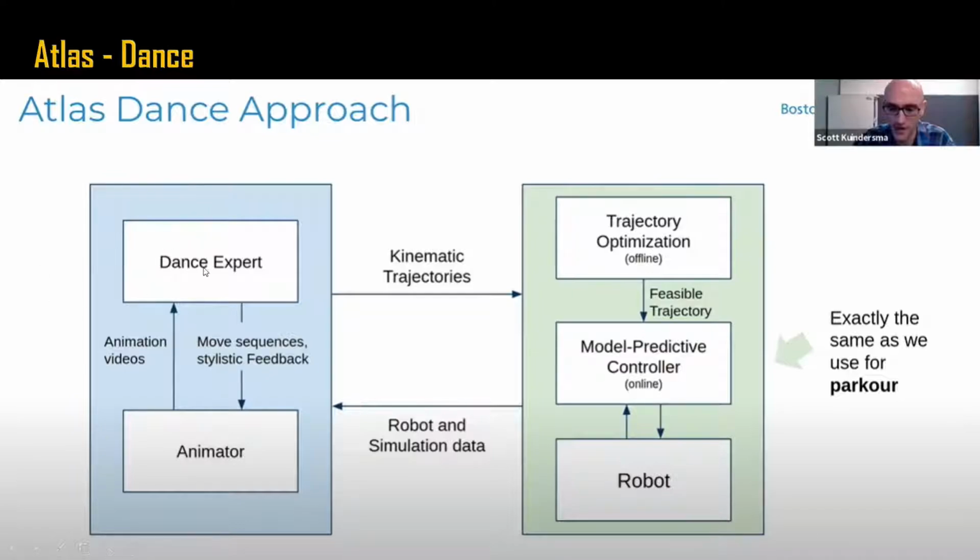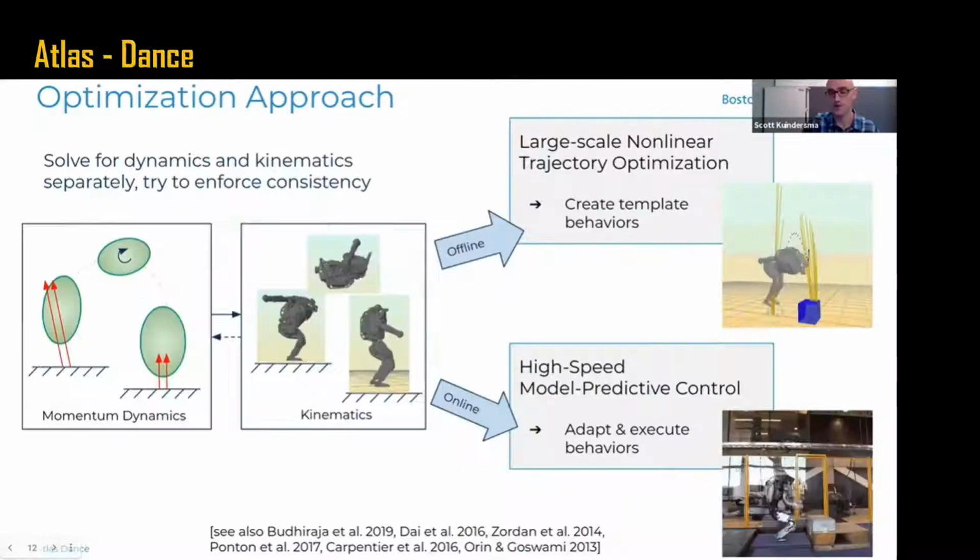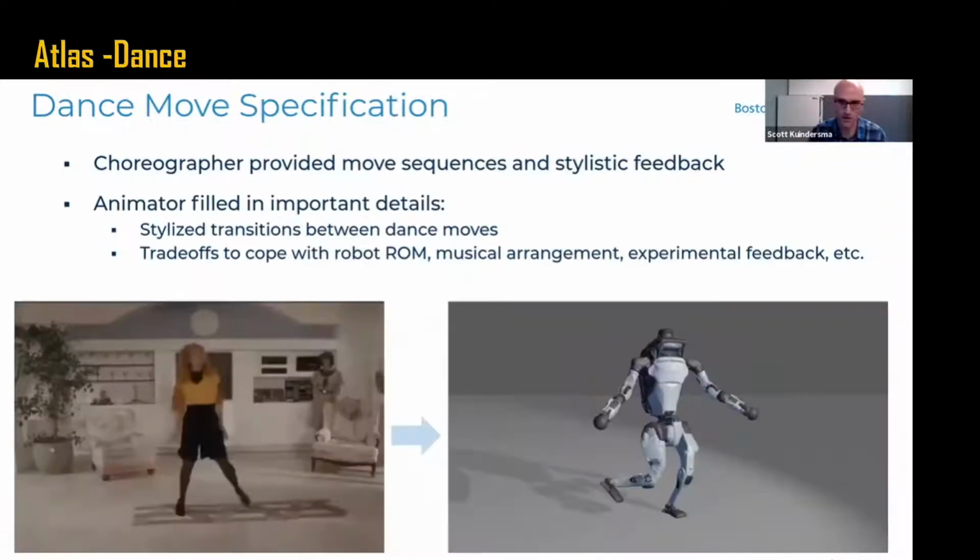So this utilizes an animation system as well as a real dance expert, a combination of these to refine these dance movements, and these then generate the kinematic trajectories, and the rest we know the process. So this is the Atlas dance approach, and the same optimization approach is used. So you don't need to repeat it.